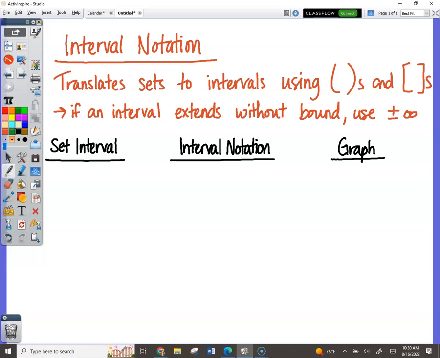Okay, so let's get the definition, and then you're going to organize three columns where we're going to put examples.